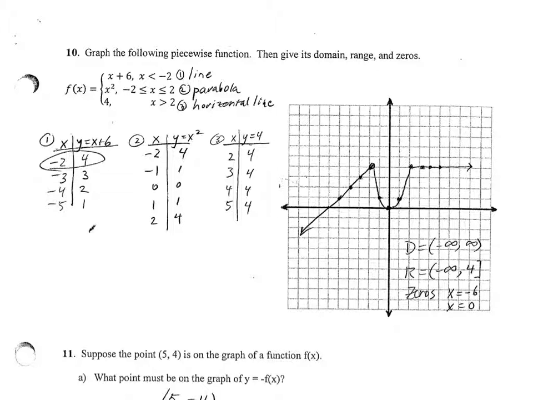The reason -2, 4 is circled right here is because this domain of x being less than -2 says I could pick any x up to but not including that -2, so we should be putting an open circle when we plot the point.